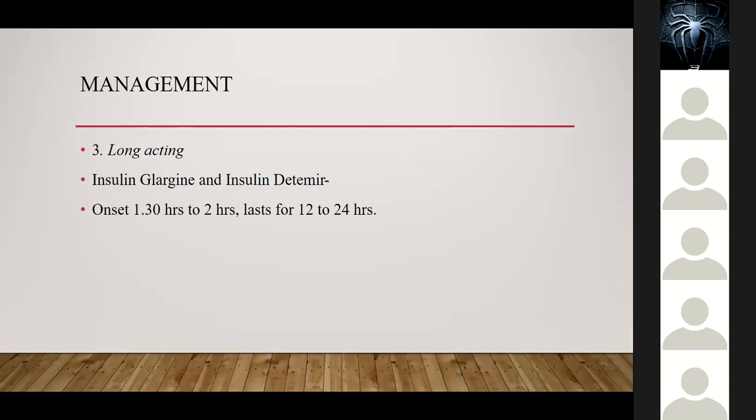If the sugars are poorly controlled on the next review, then you can go ahead and involve the specialist. In some facilities, they would say once you make the diagnosis and you counsel them, you refer them to a specialist clinic so that they come and see the specialist on their next review. That's how you go about it.